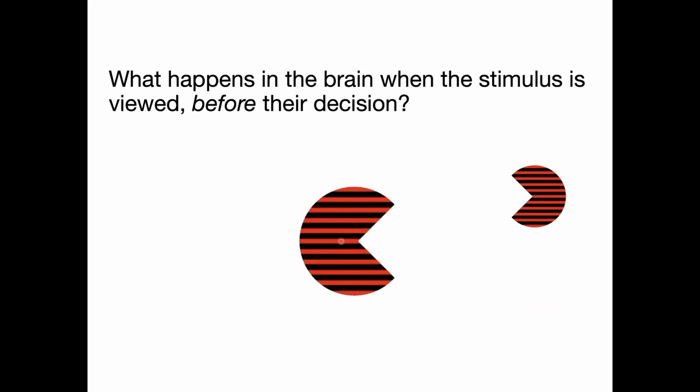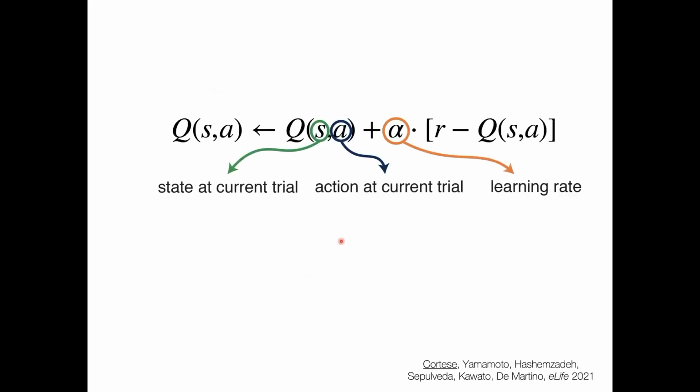First of all, because it is a reinforcement learning task based on rewards, and we have this model, we might want to look simply at the value. Why would we want to look at the value? The reason is that value might provide a very powerful proxy for the brain to select the relevant dimensions, to select the relevant features that can then be used to construct those latent abstract task states.